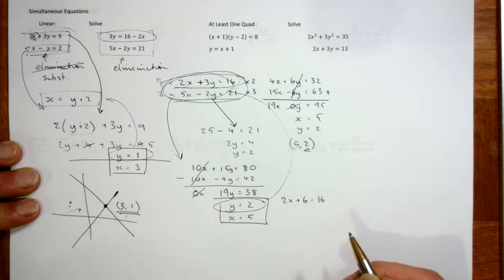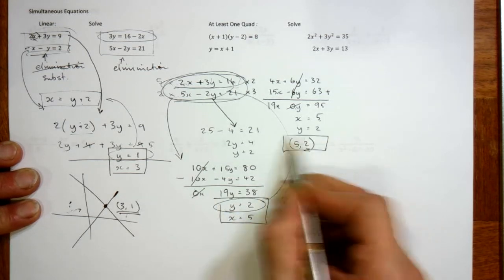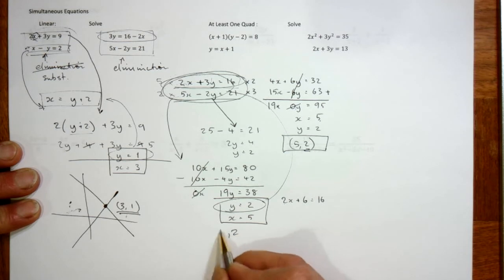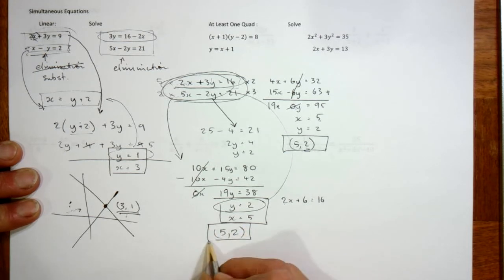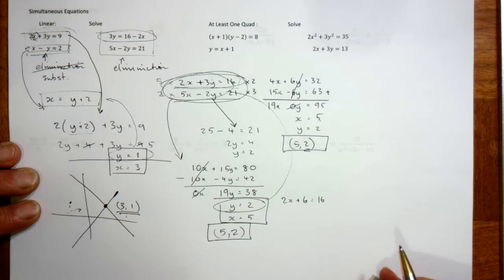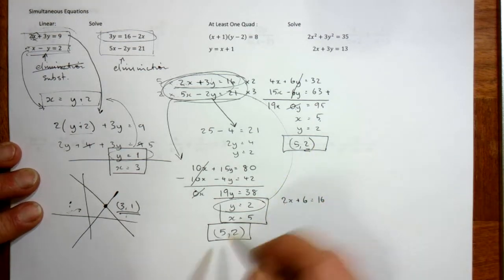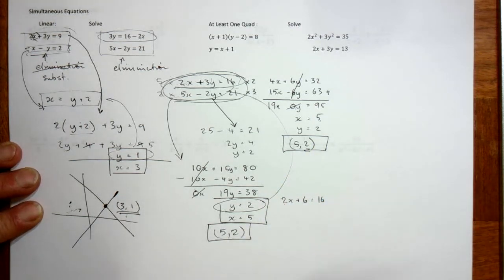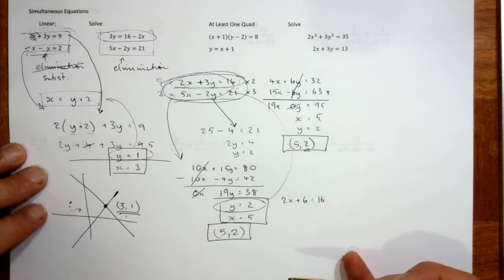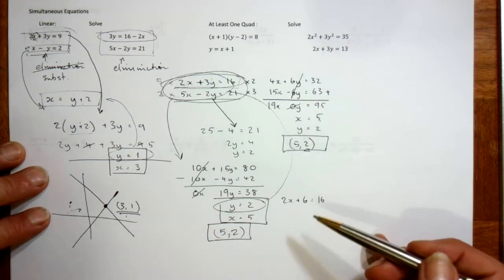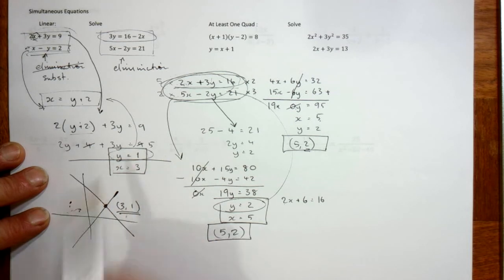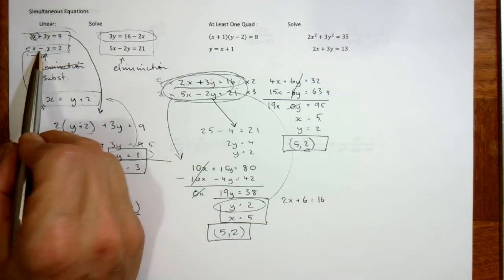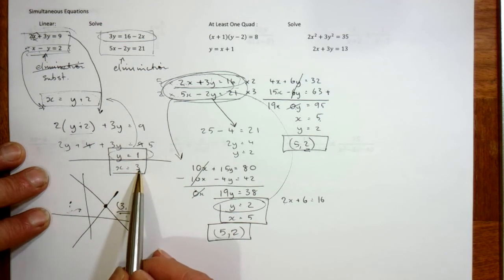Right, in both of these, once we've got our answer, which we should write as a coordinate pair, get in the habit of doing that, we should substitute those values back into the other equation to make sure that they work. Well, we just did this. What we didn't do, we didn't check that one. So we used this equation, didn't we, which is a revamp of that one, to get from y is 1 to x is 3.